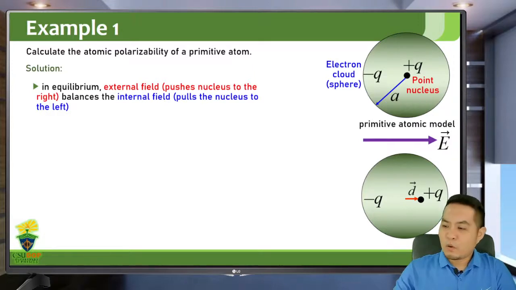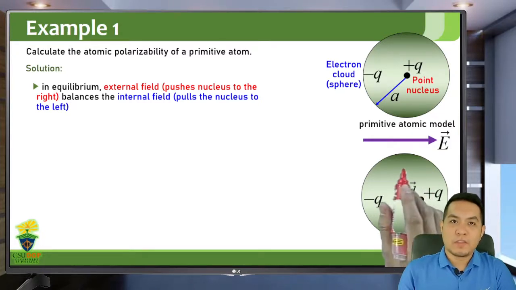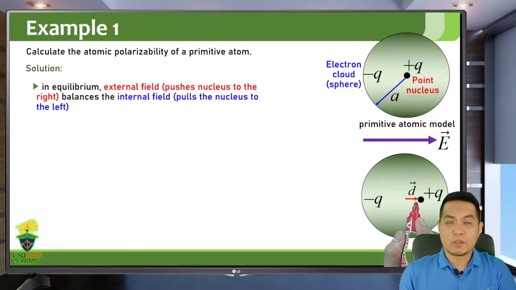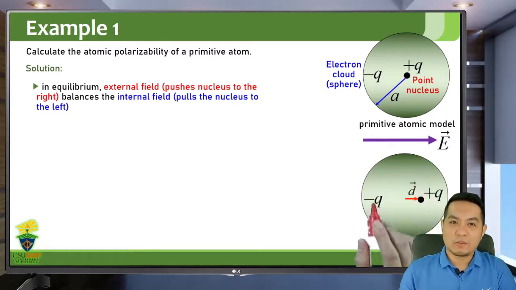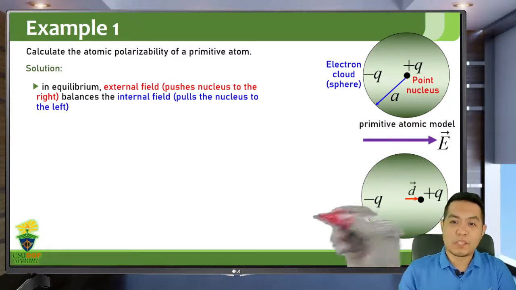Because of the external electric field, your point nucleus will experience a force in the direction of the external field. But because the nucleus is no longer at the center, the electron cloud will also exert a force on this point nucleus in the opposite direction.